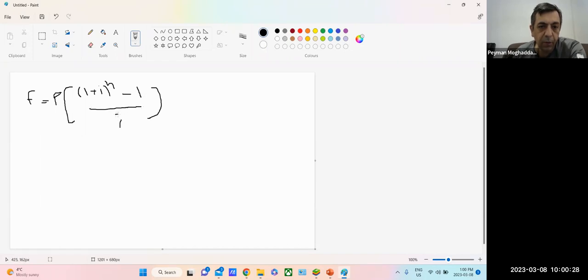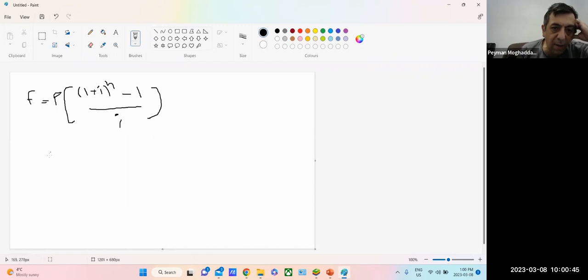So what you want to know is what's going to be the n. First of all, we need to isolate for n. If I multiply FV by I and divide by PMT, what is it going to be?